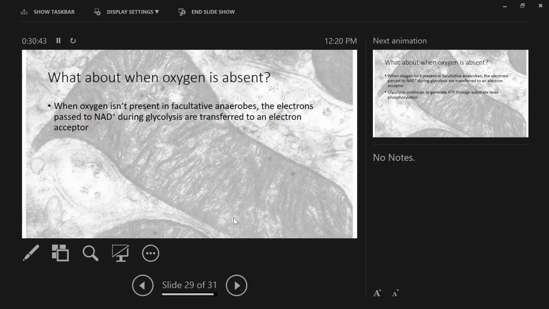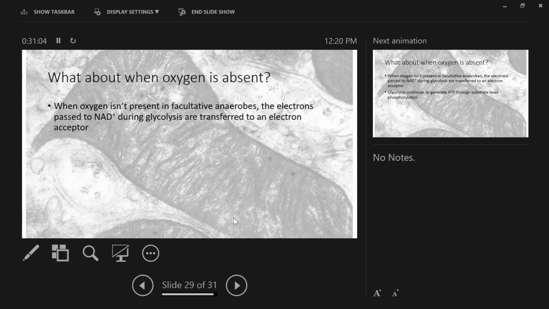All right. So when oxygen isn't present, and we call these facultative anaerobes, so those are organisms that can operate in the absence of oxygen, but typically don't. Some of our cells are facultative anaerobes, some are not. Our muscle cells are facultative anaerobes. They can operate in the absence of oxygen.